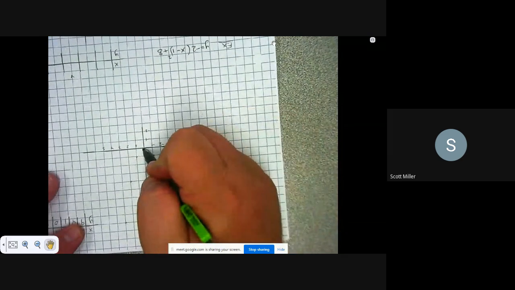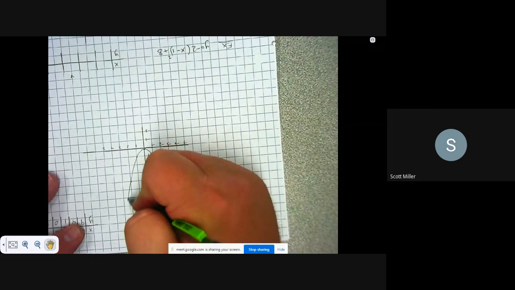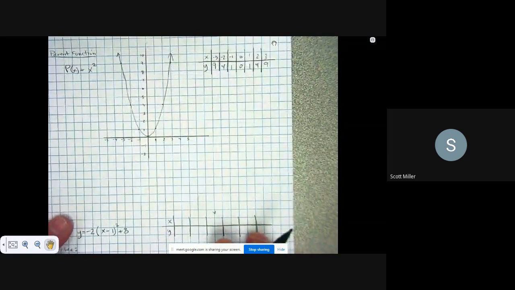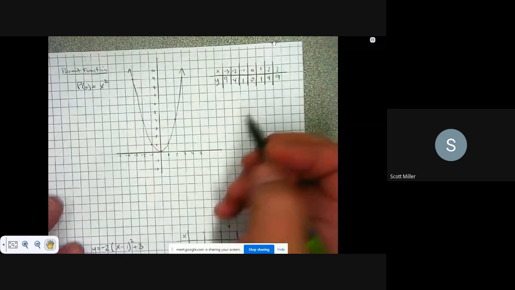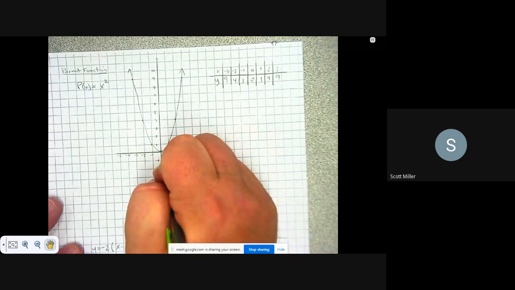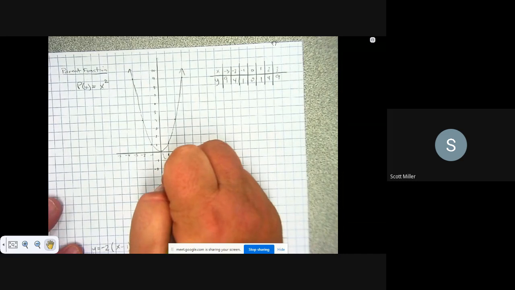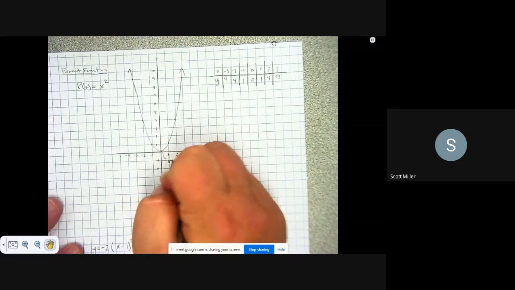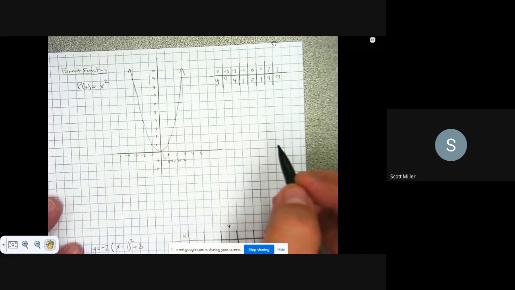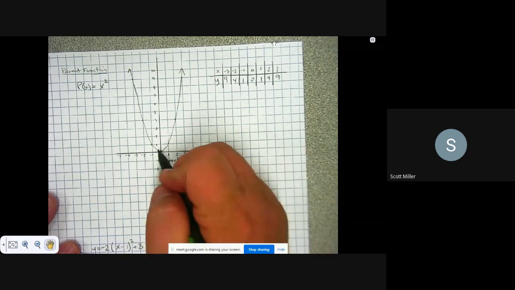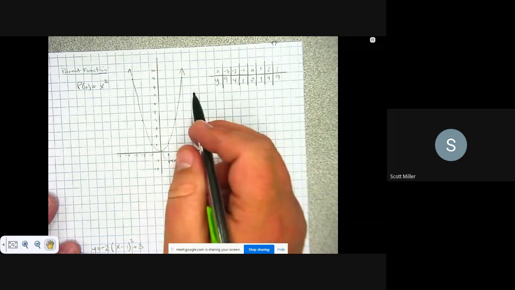Your hand will pretty much follow a curvature that goes right through all the points in a nice smooth curve. This is the parent function. This point here has a name, it's called the vertex. It's going to be our major name, and we're going to talk about that as part of our key features. So this is what the parent function looks like.